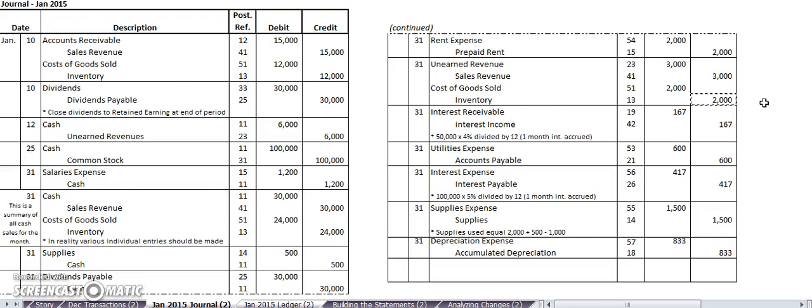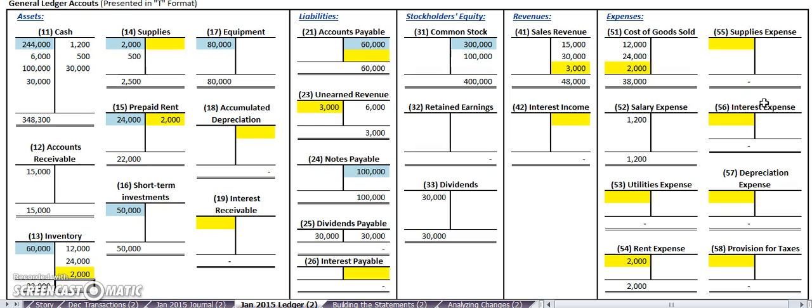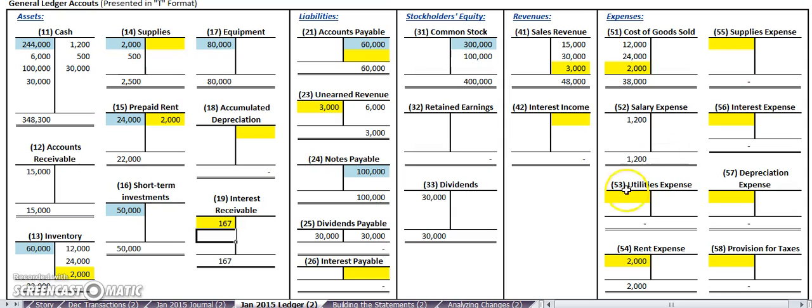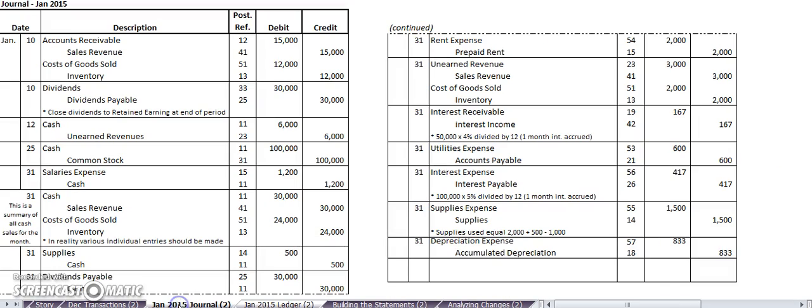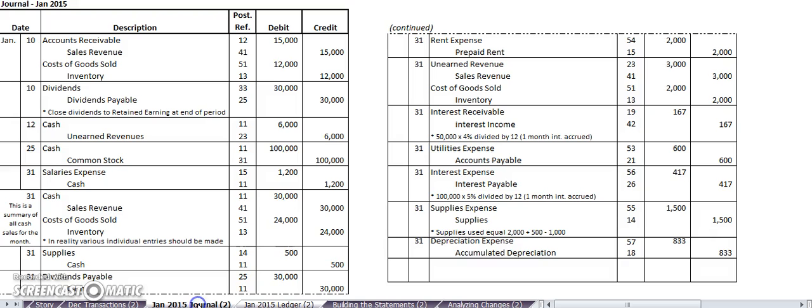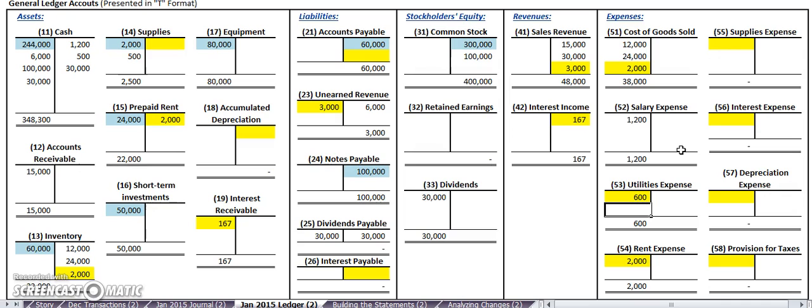Okay. Now we're going to post the interest receivable from the short-term investment that we made, $167. We're going to recognize the interest income here of $167 for that month, even though we have not received the cash. Utilities expense, we want to recognize that, right? Because we received the bill even though we haven't paid it, but the bill pertains to that month, so we want to do that.